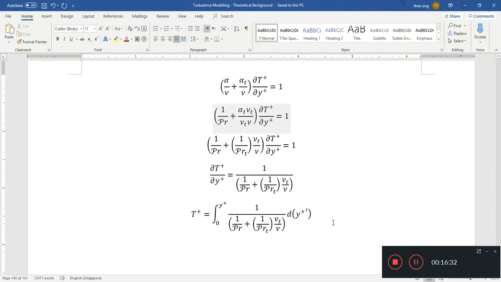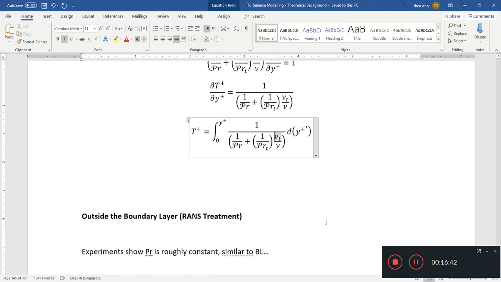Right, so next we can separate this integral into two parts. Now we have a case in the viscous sublayer, so to speak.